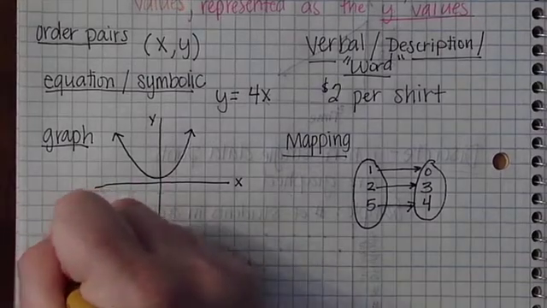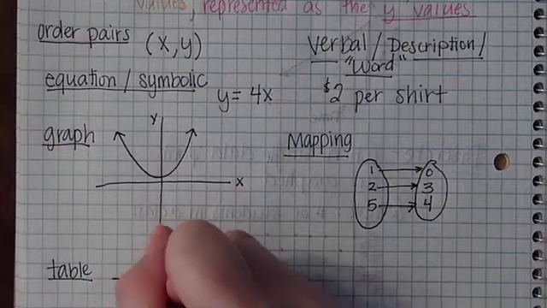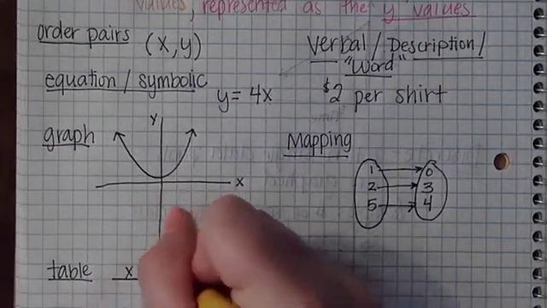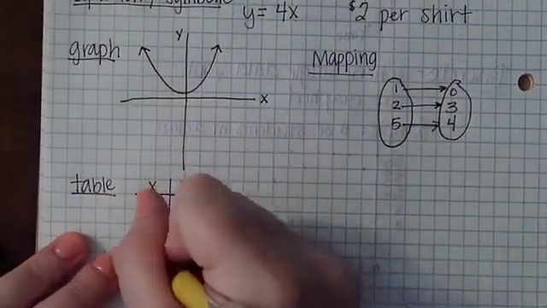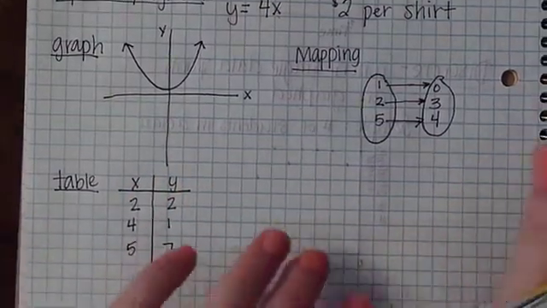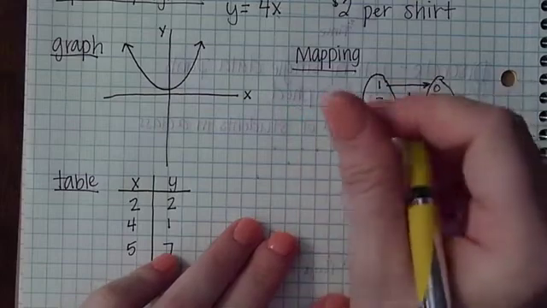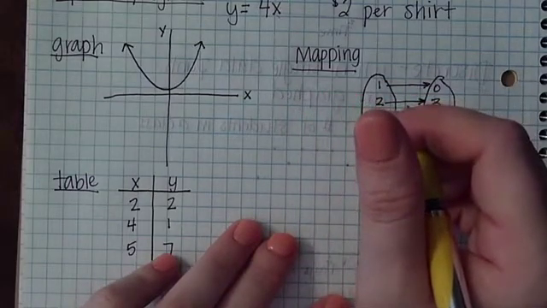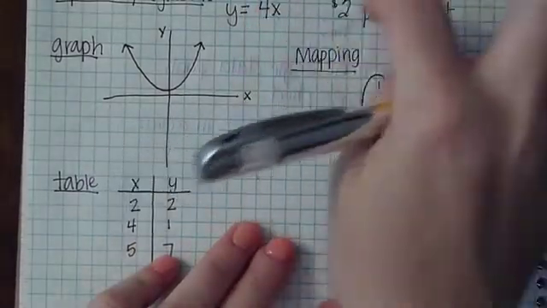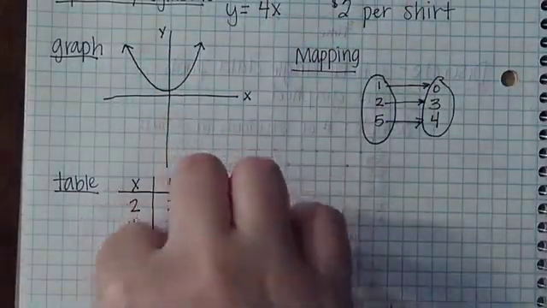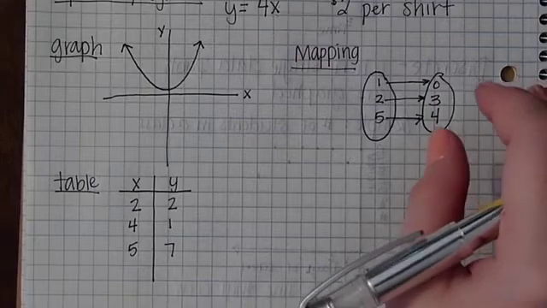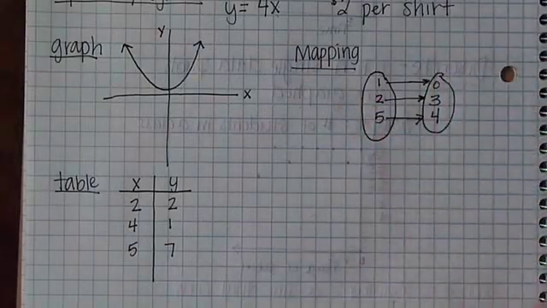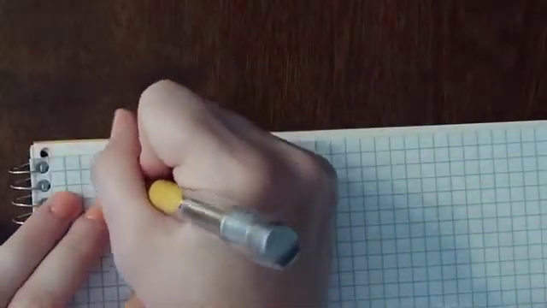We have table, which you have X and Y, 2, 2, 4, 1, 5, 7. So X and Y values. And then the last one was, did we get them all? Equation, ordered pair, verbal, graph, mapping, table. Yeah, I think I got them all. If not, I will see it in just a minute, of course, but you could always just write it down.